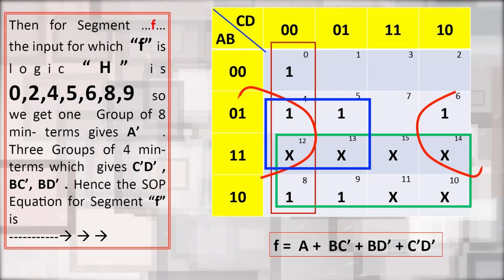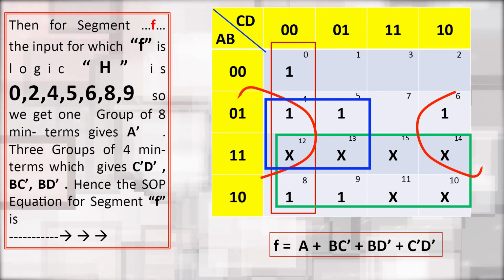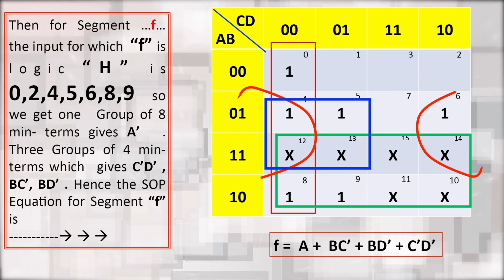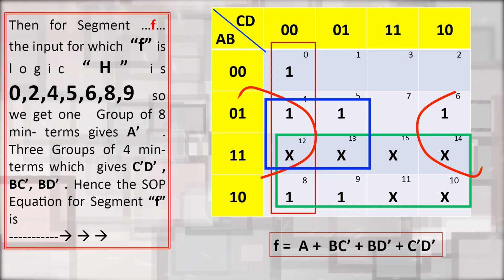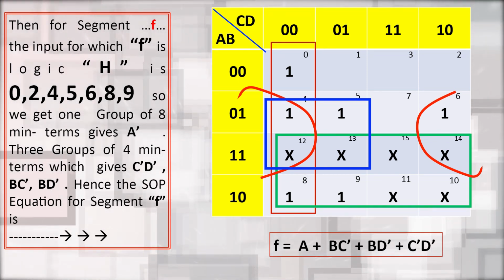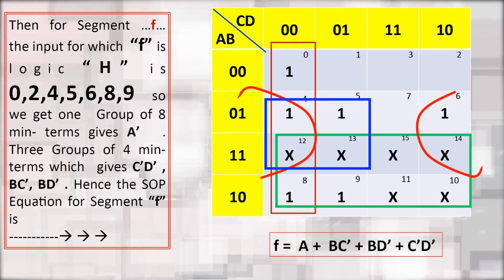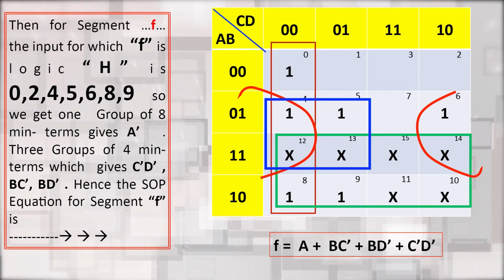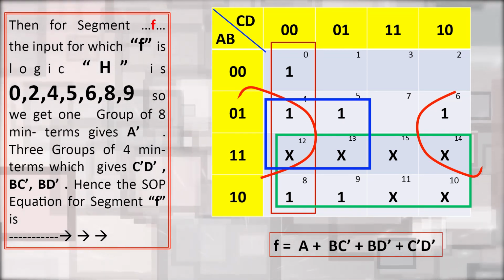Next, for segment F, the inputs for which F is logic high are 0, 2, 4, 5, 6, 8, 9. So, we get one group of 8 minterms which gives A bar, and 3 groups of 4 minterms which give C bar D bar, B C bar and B D bar.